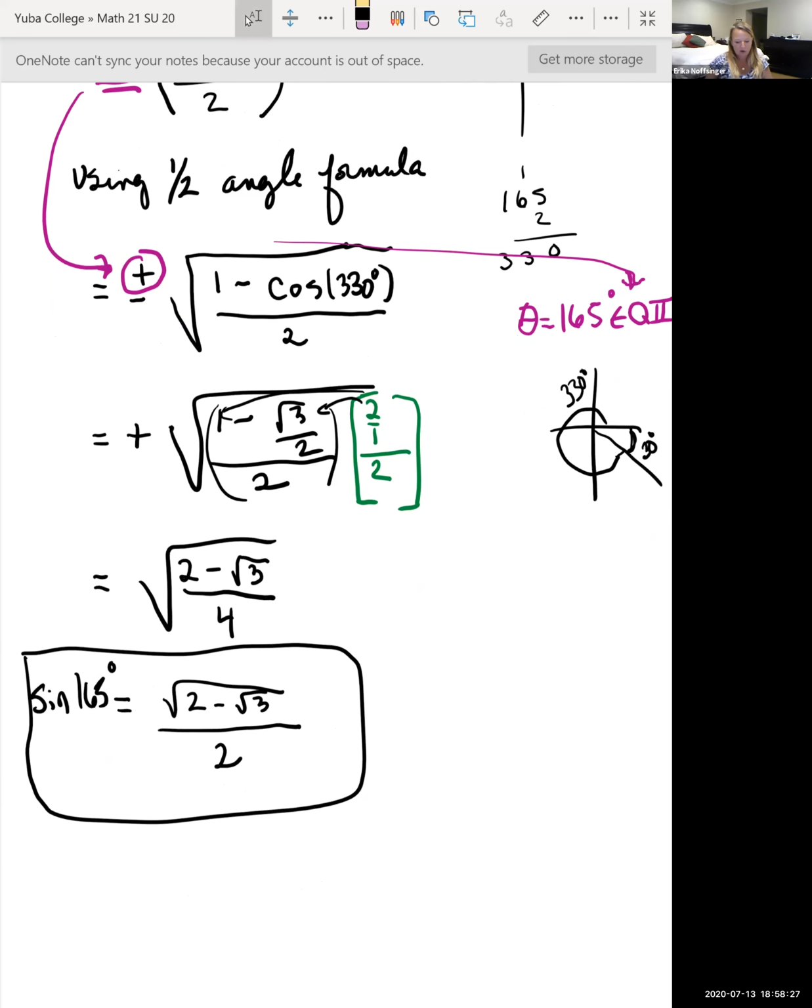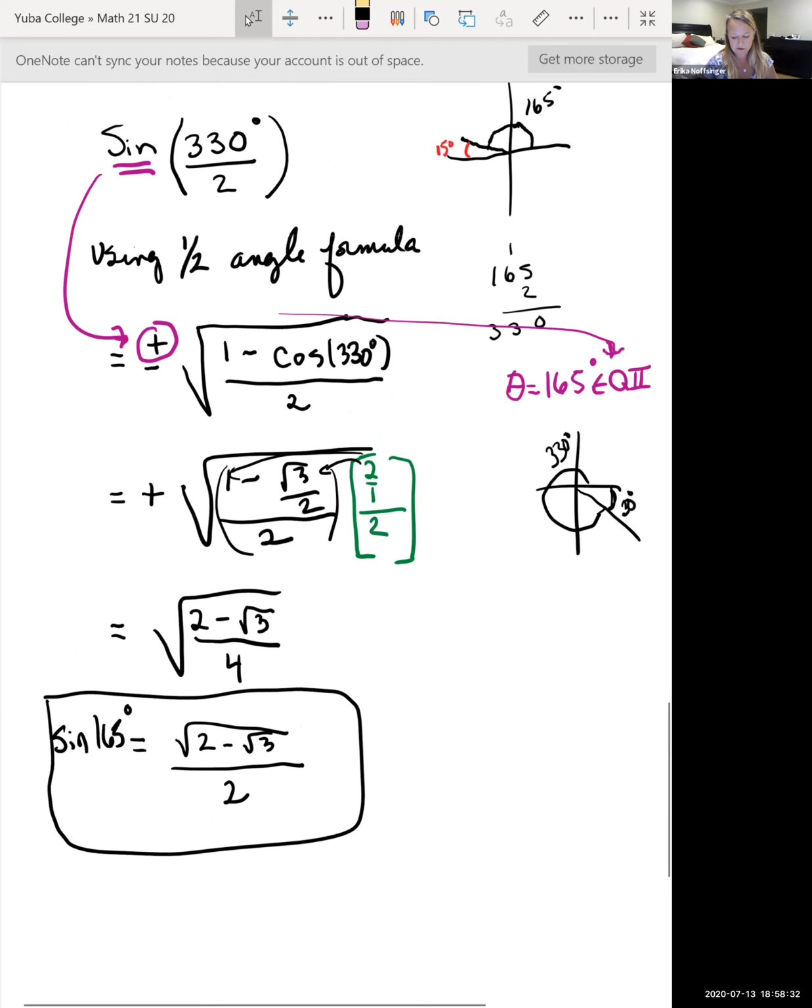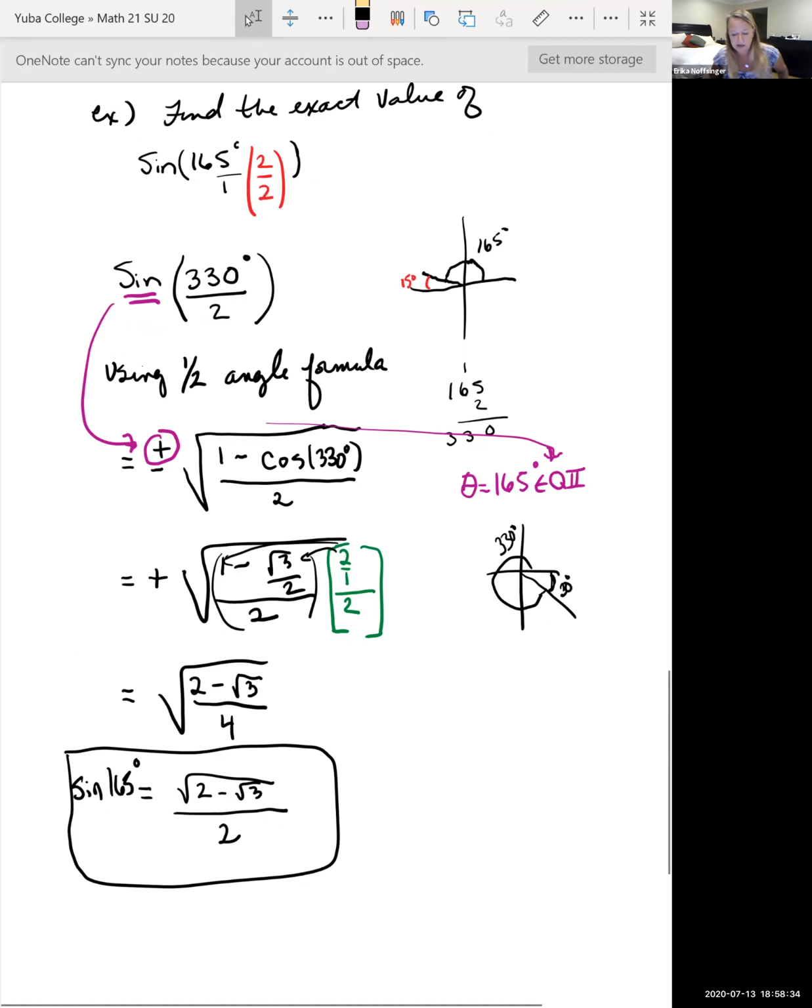Okay, but that wasn't the only way you could have done that. You could have rewritten it as a sum or difference of two angles that you know. To do that, start by either adding 30 or subtracting 30 from 165 and see if that brings you to an angle you know. If that doesn't, do the same thing with 45 degrees or then 60 degrees.